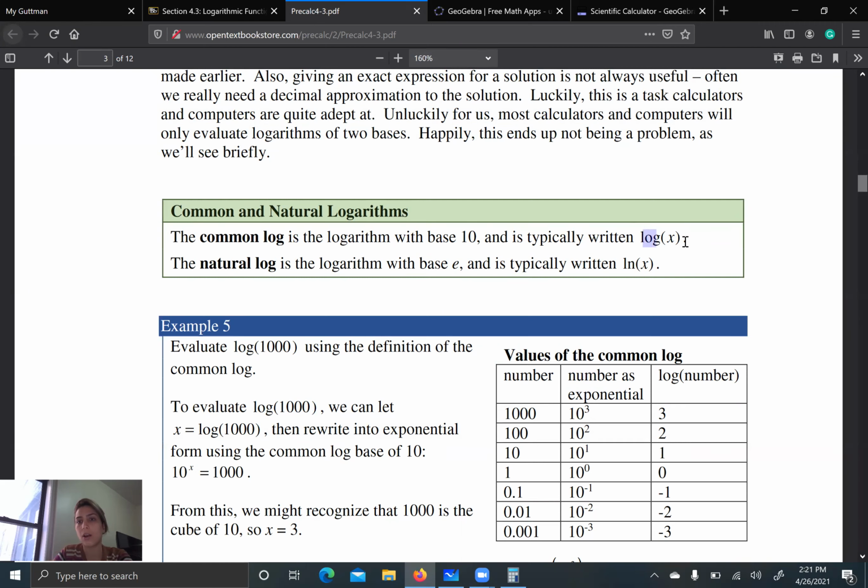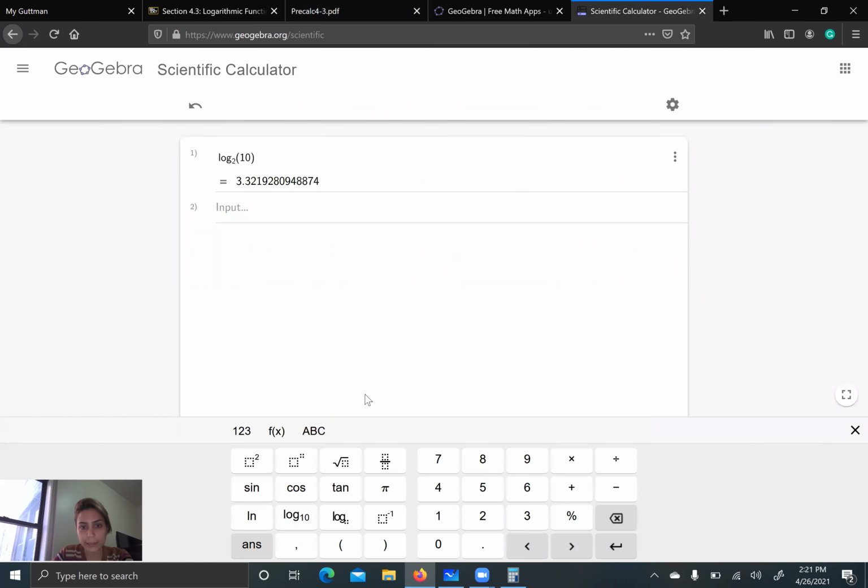So if you see log of x without any value written as the base, that means the base is 10. But on this scientific calculator, when I hit here, 10 is written to make sure you know that if you press this, the base is 10. So this one is log of x to the base of 10.